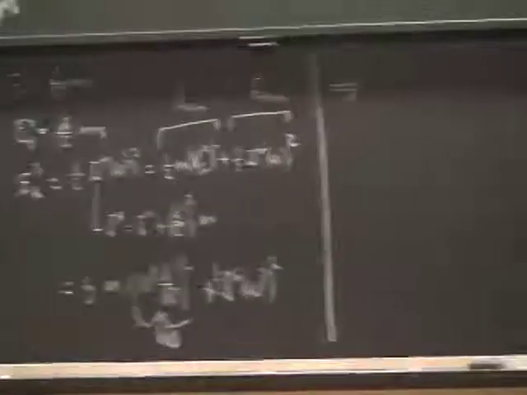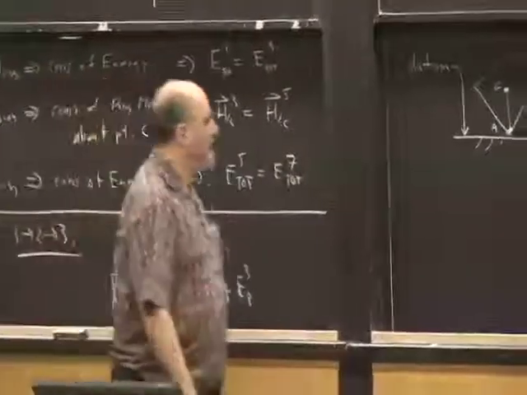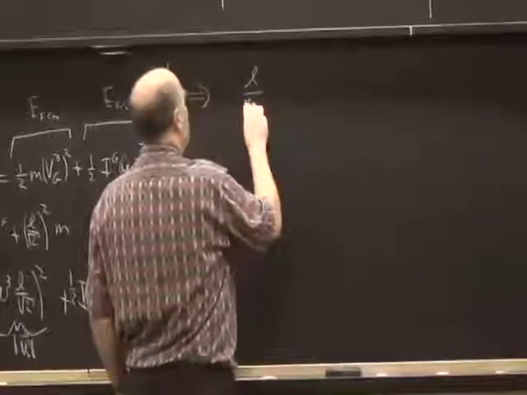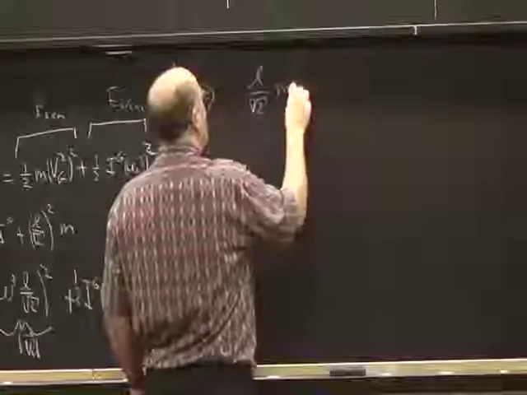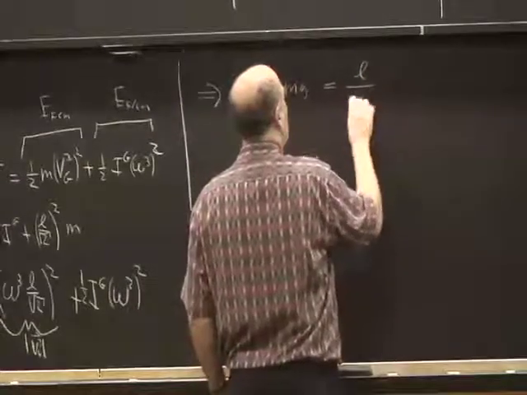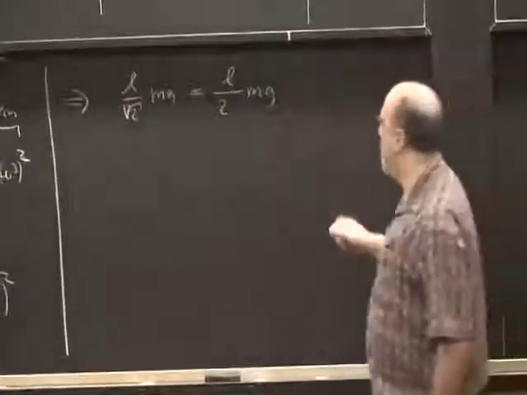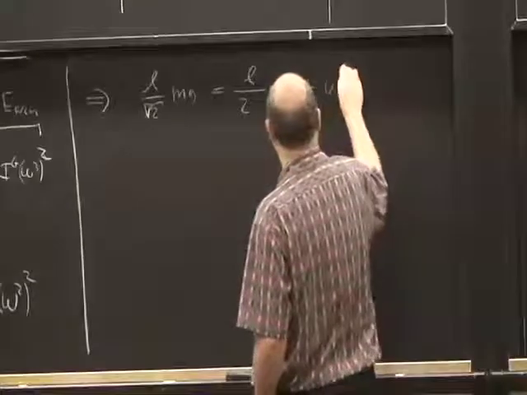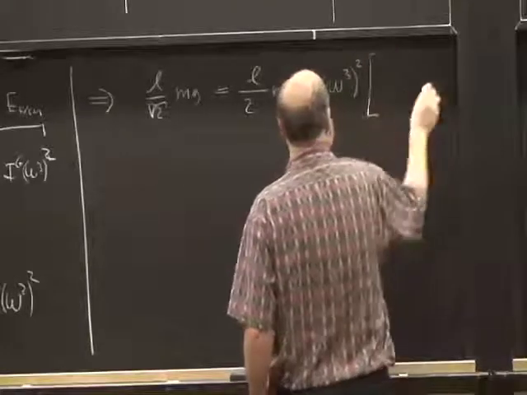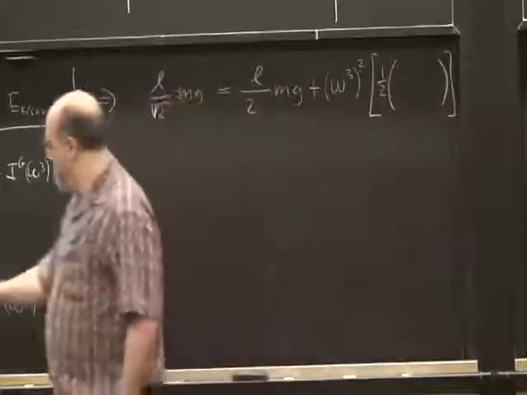What's that formula look like? We take our energy before equals our energy after. Our energy before now is L over the square root of 2 mg, equals our energy after, which is L over 2 mg. So the potential energy is a little less, and that's made up for by this kinetic energy, which is omega 3 squared, multiplied by some big stuff here. And what is that stuff? It's a half of, and then we've got two terms.